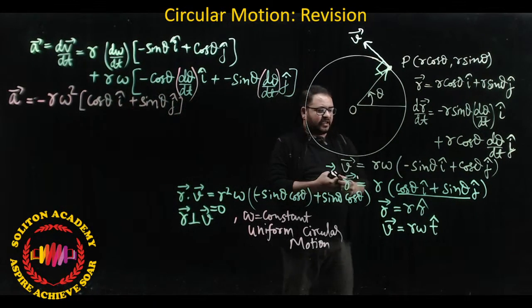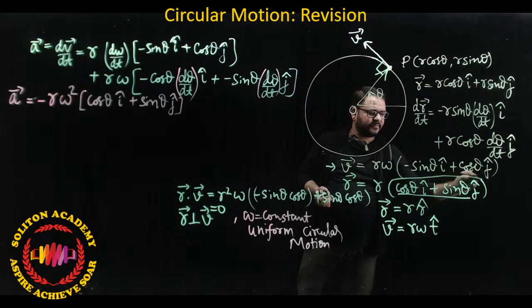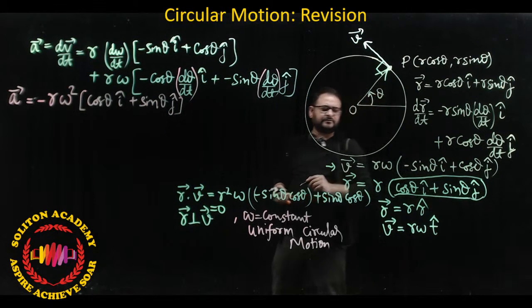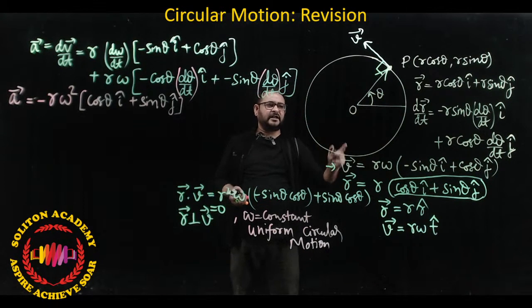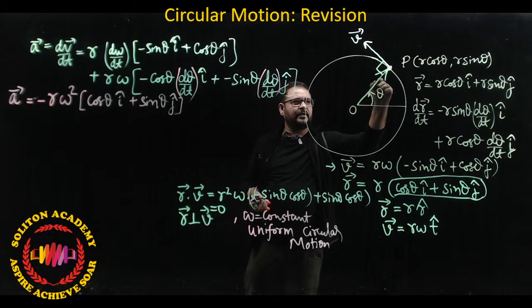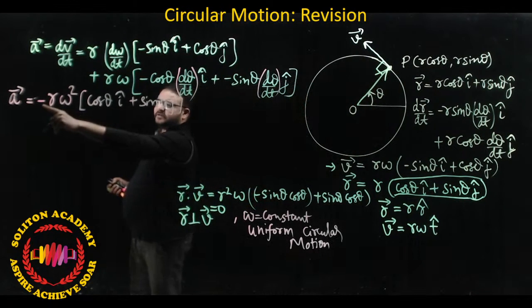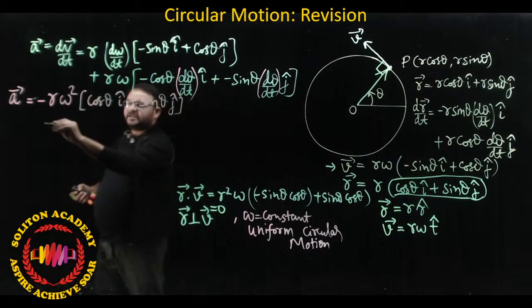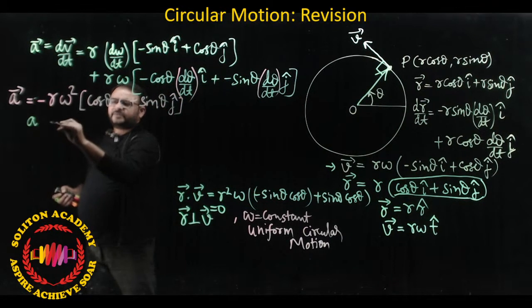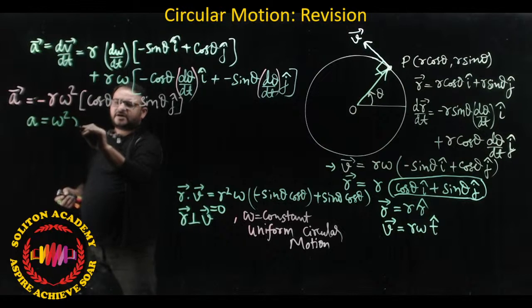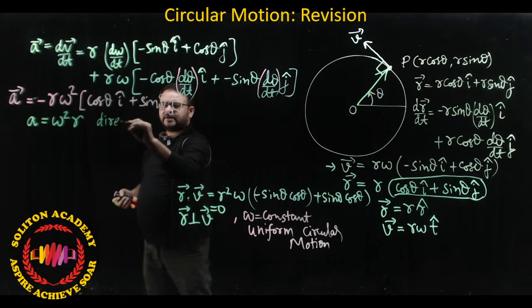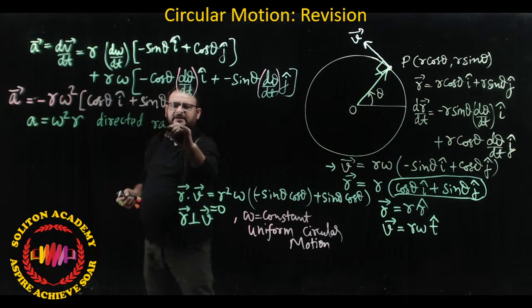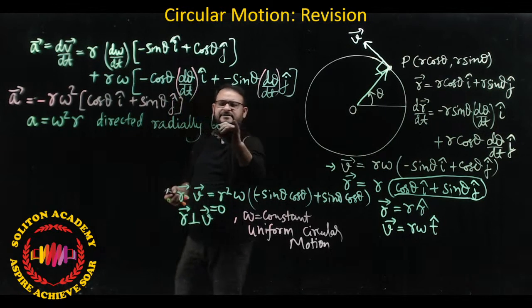You remember I used a special term, this for radial direction, cos theta i cap, sin theta j cap. That means it's radial, and this was radially outward. Now here you see with the minus sign, so our acceleration is omega square r and directed radially towards the center.